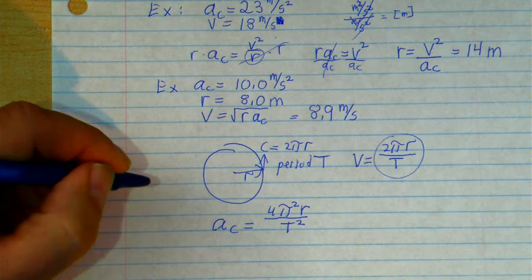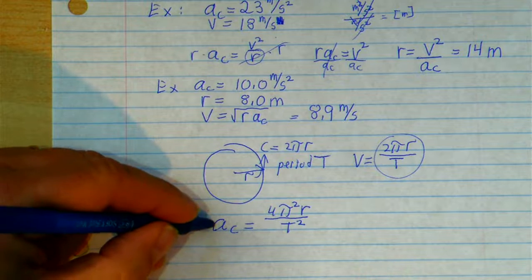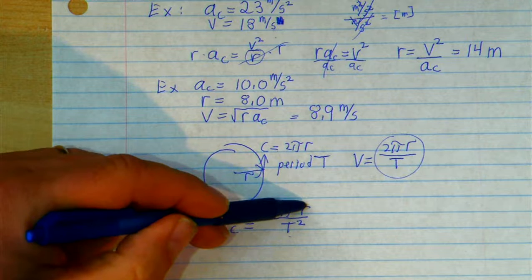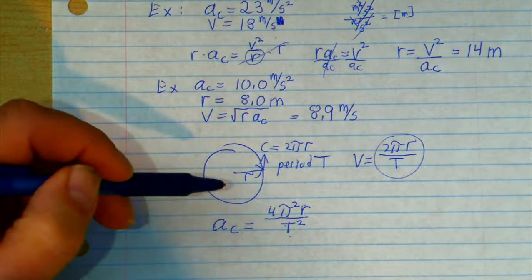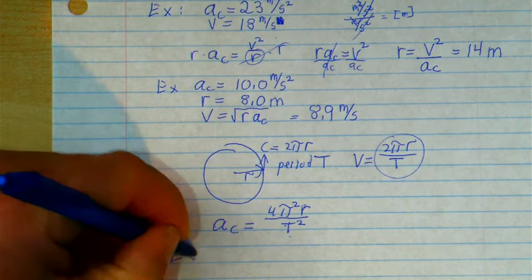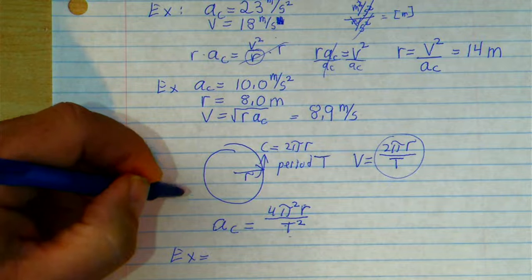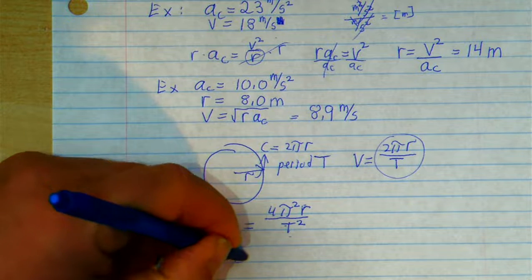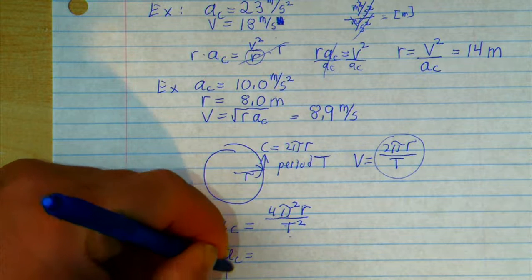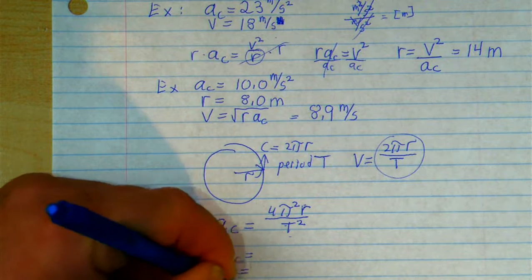So let's do one final example, a review problem. My three variables are acceleration, radius, and period. So this time, let's do acceleration and period and solve for radius.